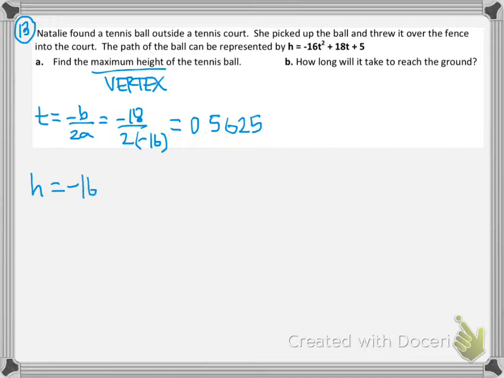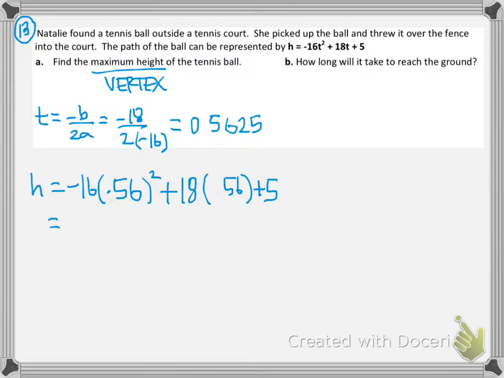Okay, so to find the maximum height, that means I need to plug that in. So it's a negative 16 times your t, which I guess we could round to 0.56. So when I plug that in the calculator, I'm going to do 0.56 squared times a negative 16.